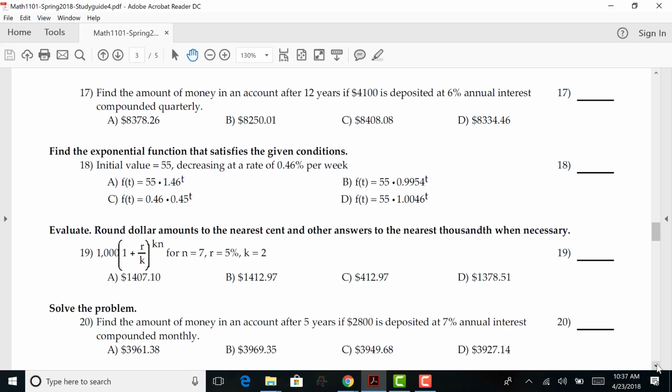Where you see parentheses, you should have parentheses. What did you get for your answer? Make sure you're able to put this in your calculator properly.